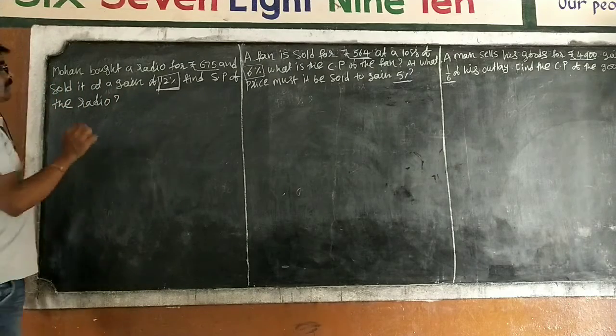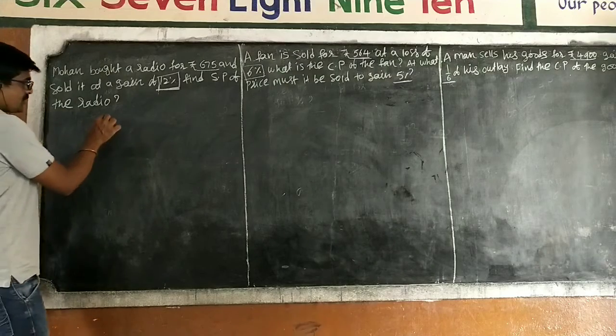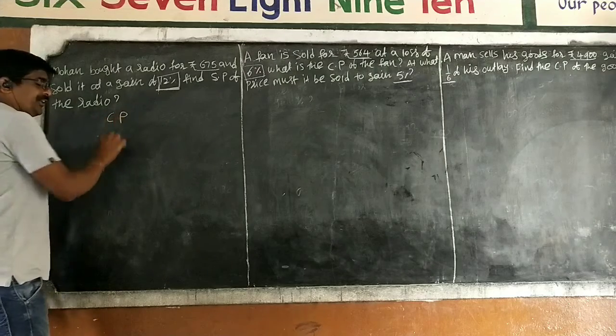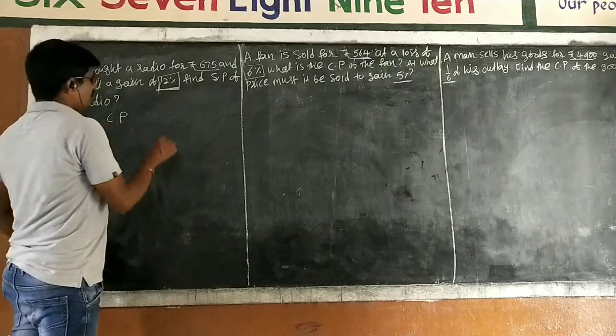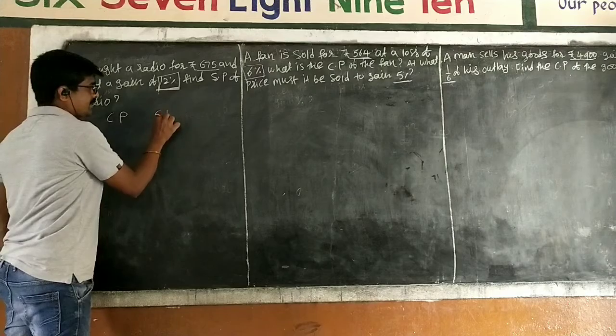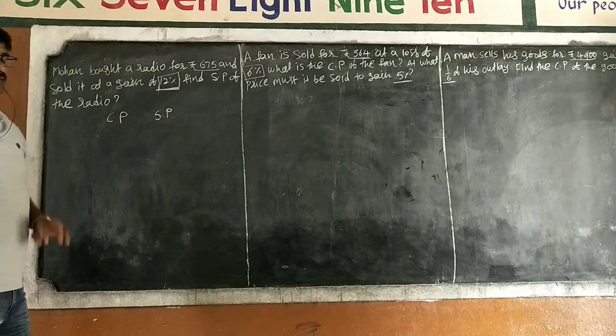Simple thing. You have to find the selling price. You already did my video on percentage. Here is the cost price, here is the selling price. Cost price is always 100%.